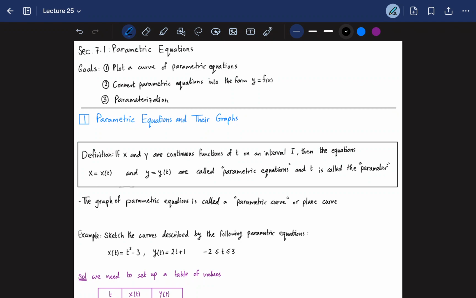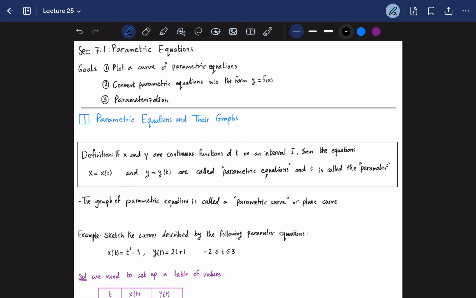The most common parameter that we use is t, which is the time. So if x and y are functions of time, we can describe a position using any point x of t, y of t in the plane for a given object that moves along a curved path. So these equations are very useful in applied mathematics.